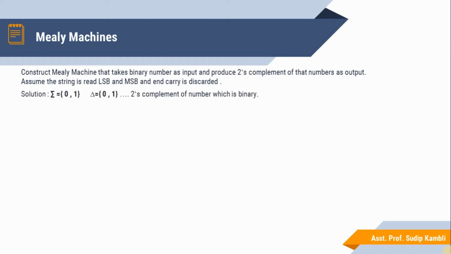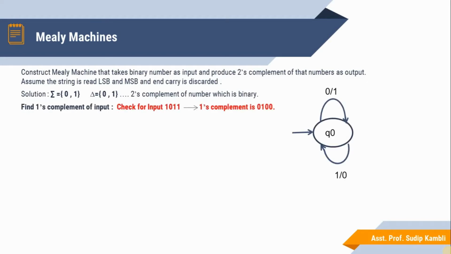Here the set of input alphabets sigma is 0 and 1, and the output alphabet is 0 and 1, the bits of the 2's complement of a binary number. Consider a simple transition diagram: a single state represents two inputs and two outputs, 0 and 1 as input, and similarly 0 and 1 as output bit values.